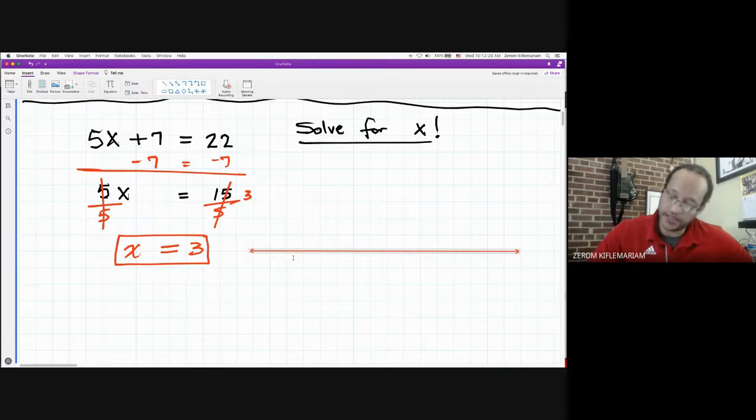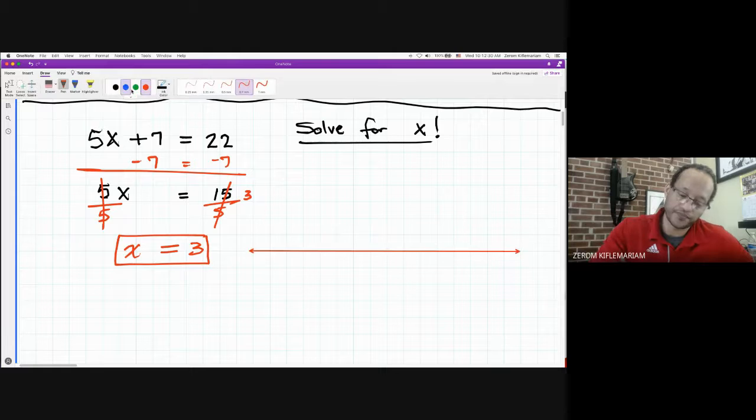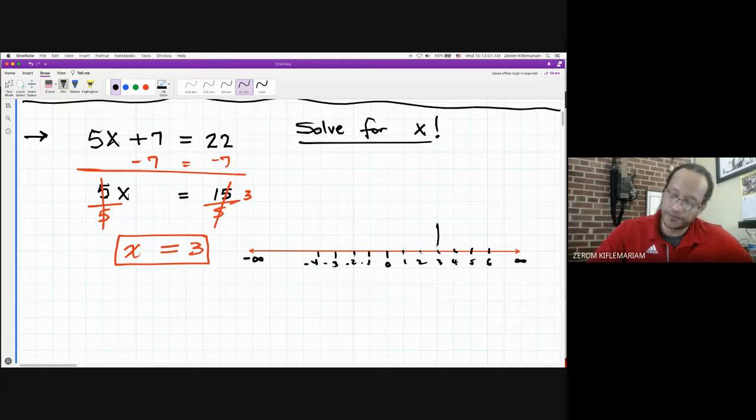For now, let's say it goes from negative infinity, through negative 4, 3, 2, 1, 0, 1, 2, 3, 4, 5, 6, and then goes to positive infinity. So on the number line called x, what would satisfy this given equation is when x is equal to 3.